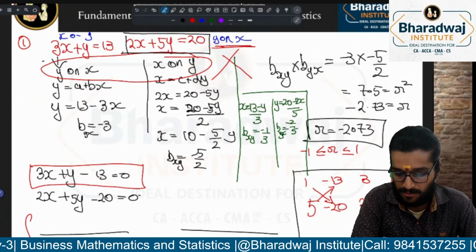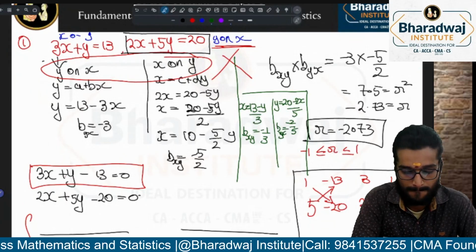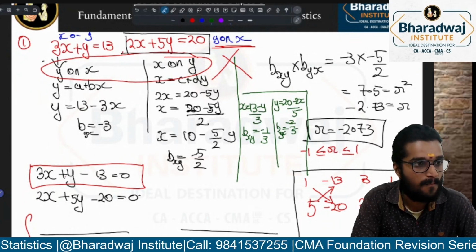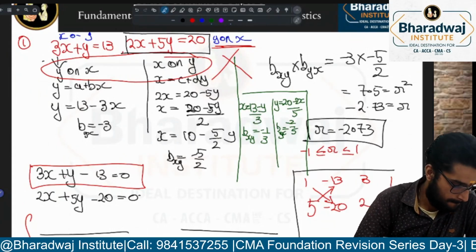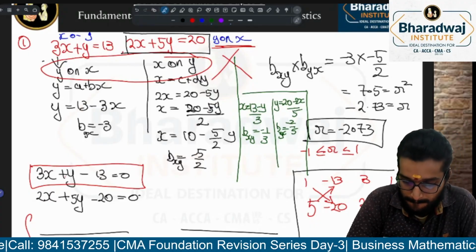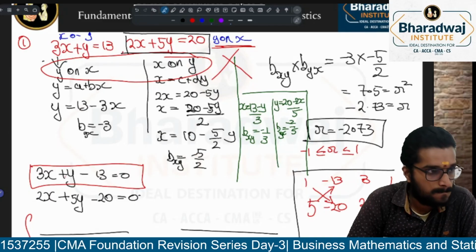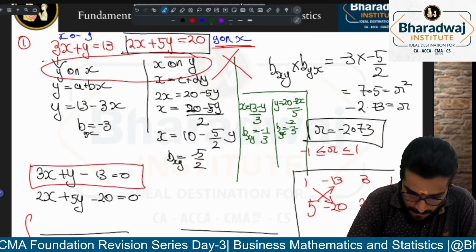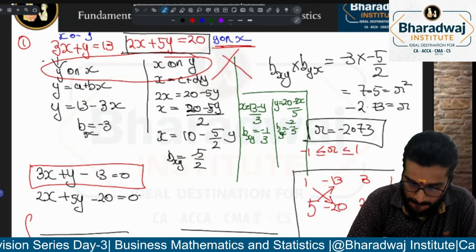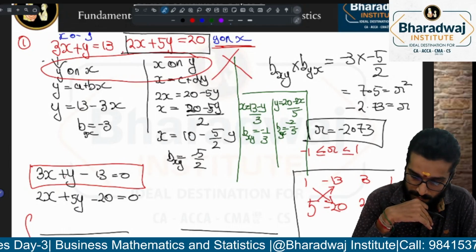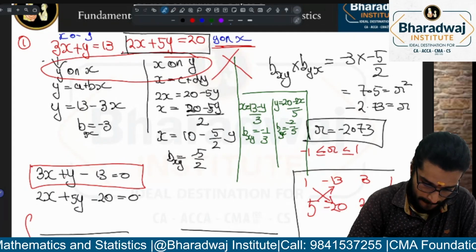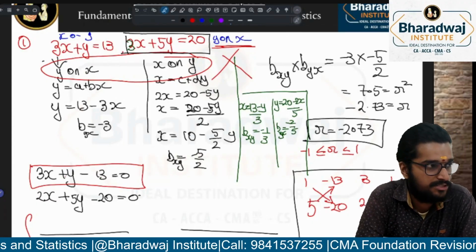Now, just cross multiply both of these. It should be 3x.